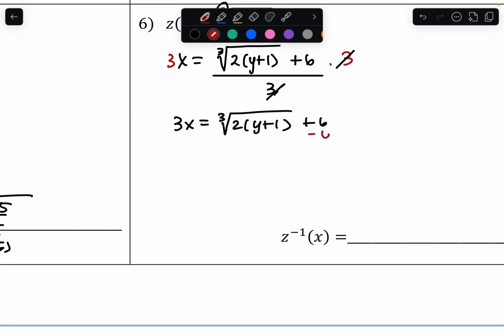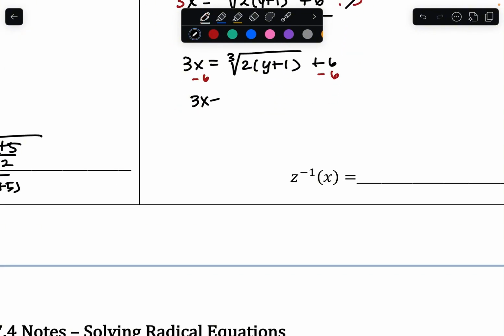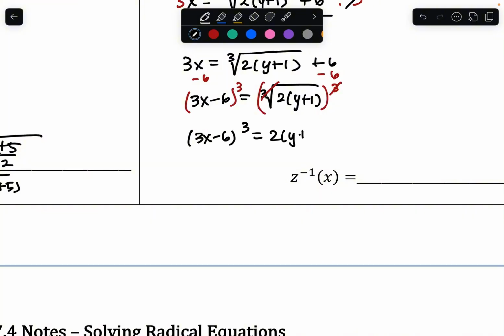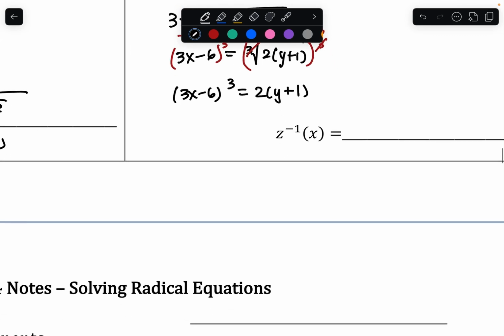Our next step is to subtract the 6 from both sides. And then we are ready to cube both sides. Now we are ready to divide both sides by 2.